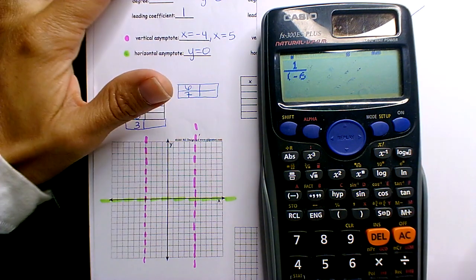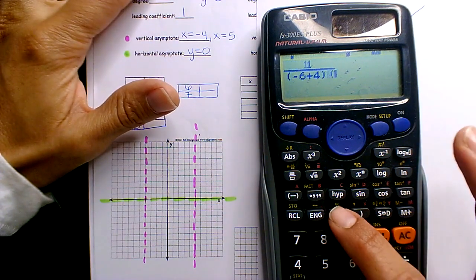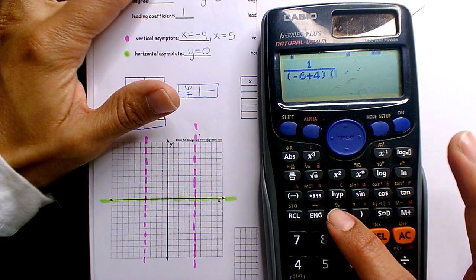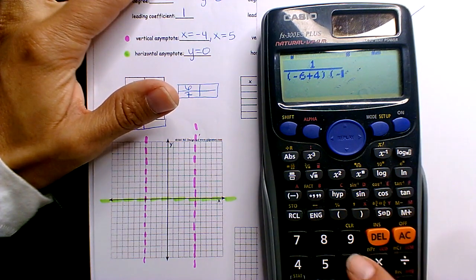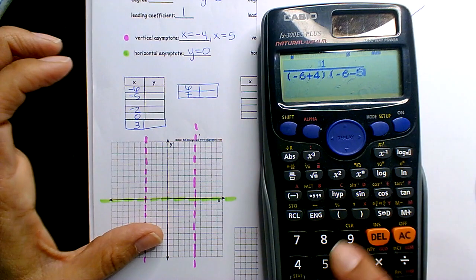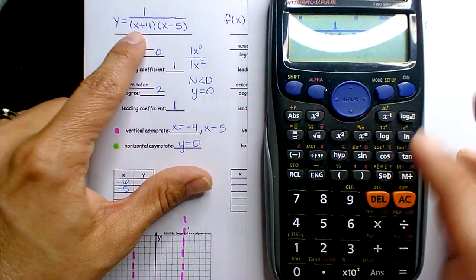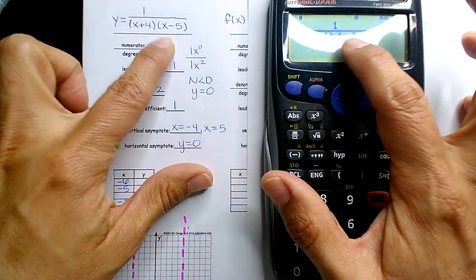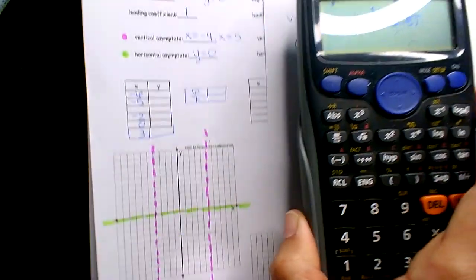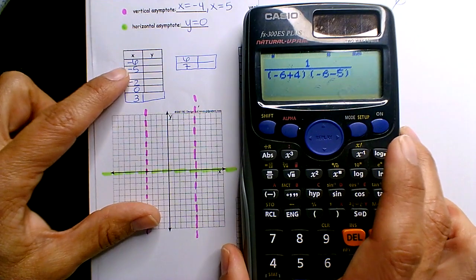-6 plus 4, -6 minus 5, right? Oh, you can't see it here. So I'm typing 1, x plus 4, x minus 5, but instead I'm plugging in the -6.